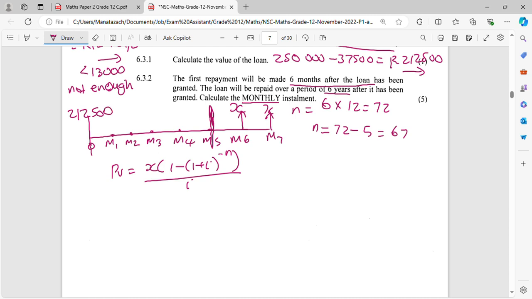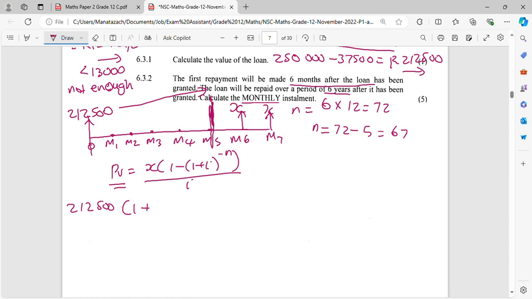But in spite of him not paying, this value would still have to be accumulating to a certain amount, going up until month number 5. That's the amount you need to work out from 0 to month number 5. So we're going to be calculating it from this side. That will be 212,500, which will be accumulating over the period of 5 months.